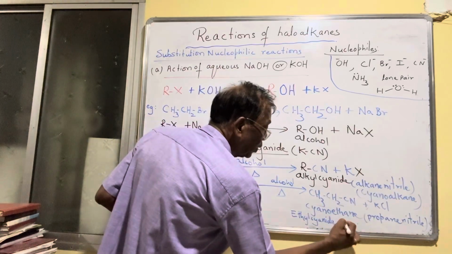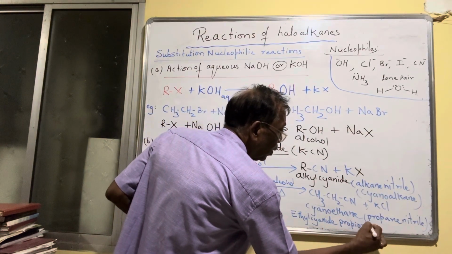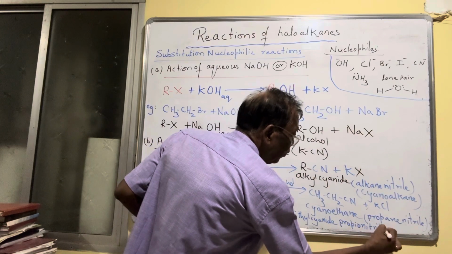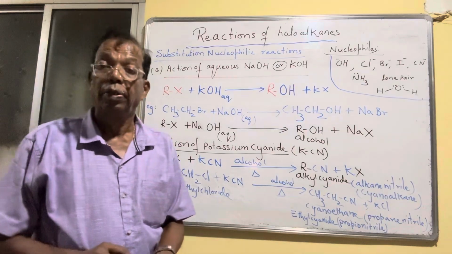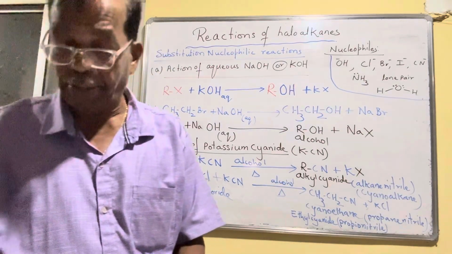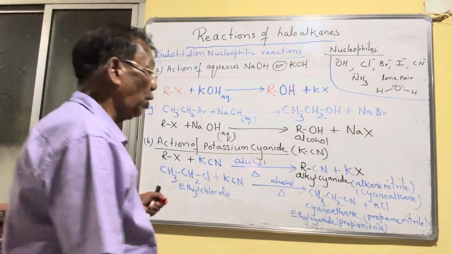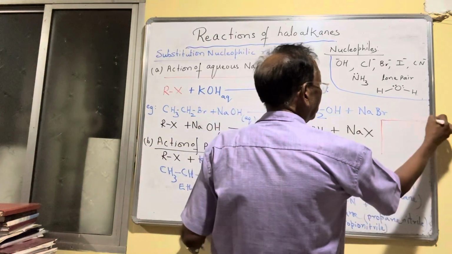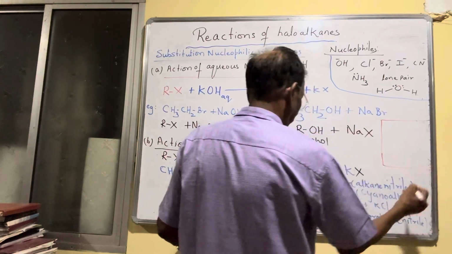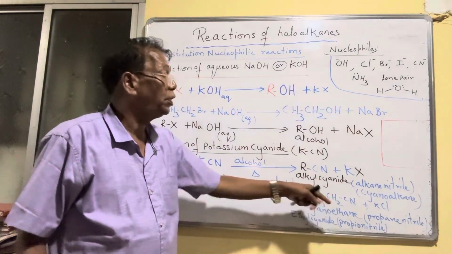I'll explain to you how it is propionitrile. Don't get confused with all the names. I have given 4 different names here so that you can follow whichever name they ask. Now see how I got propionitrile. It is based upon the acid that you are getting. This is cyanide, CH3CH2CN.